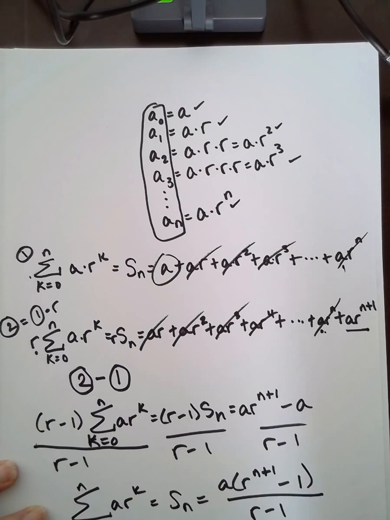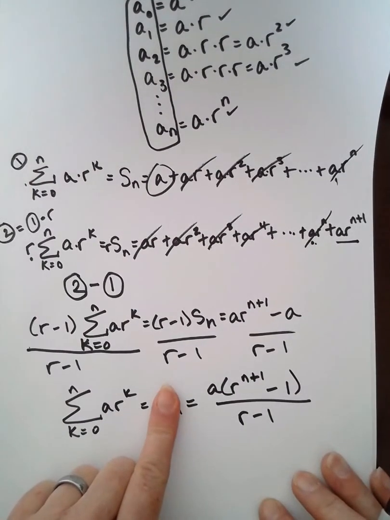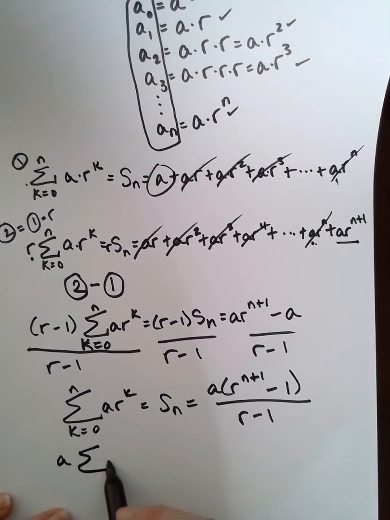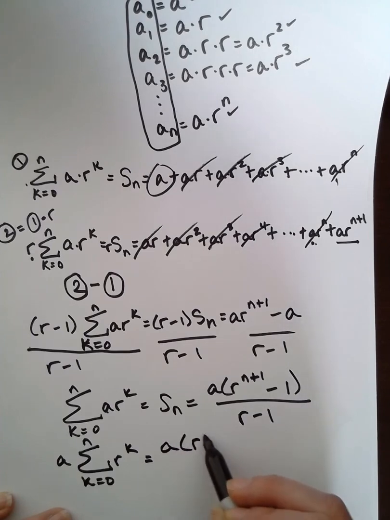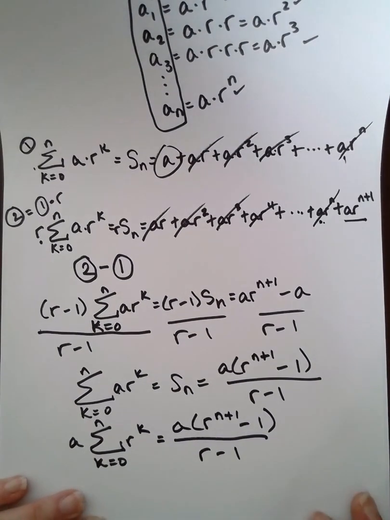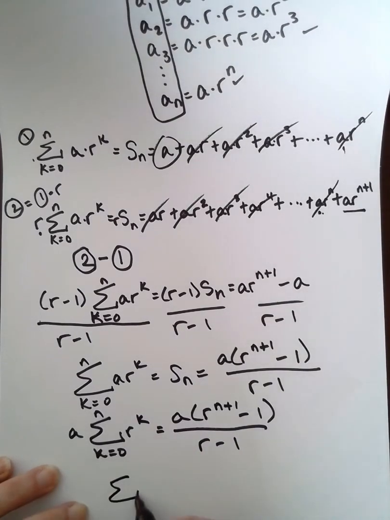Now remember, I told you right here, if we just ignore this piece right here, this a will factor out of the sum as well, so we could write this in this fashion. So both sides of the equation will now have a factor of a, so we could divide both sides by a, and that a becomes arbitrary.